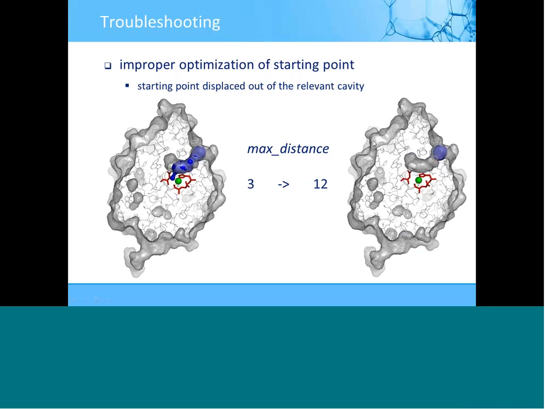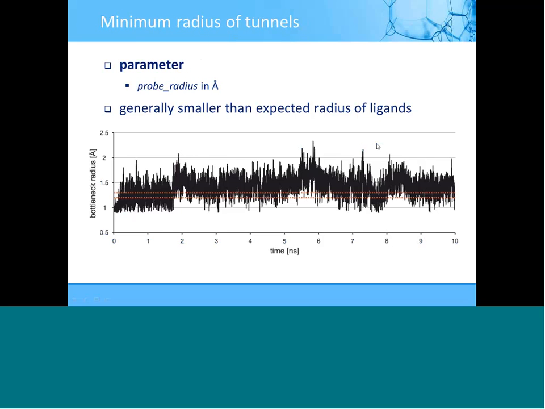So beware of that. The second critical consideration is the minimal radius of a tunnel that Caver can or should search for, and this can be defined by the probe radius. It's in angstroms, and it's important to note that so far what we've seen is that the radii of calculated tunnels are generally smaller than would be expected from the size of transported ligands.